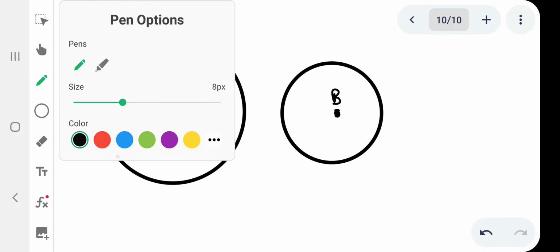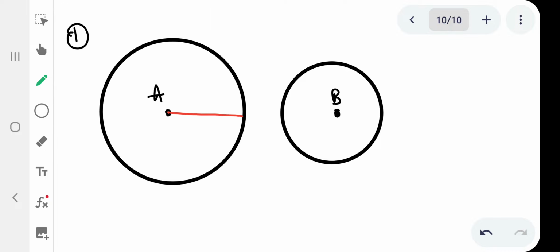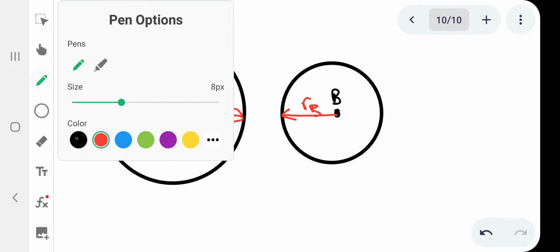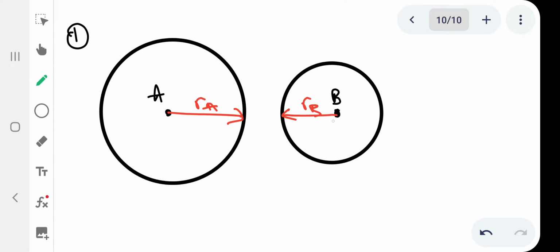So we have the radius of A, let's call it R1 or R of A, and the radius of B we call R of B, right? Then we also calculate the distance between the two points, between A and B. So now check the distance. The distance is actually bigger when we compare it to the summation of the radii.